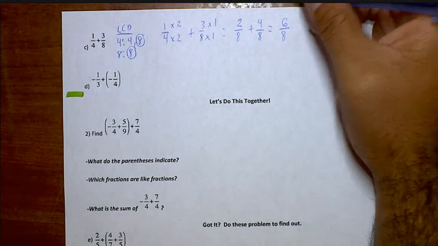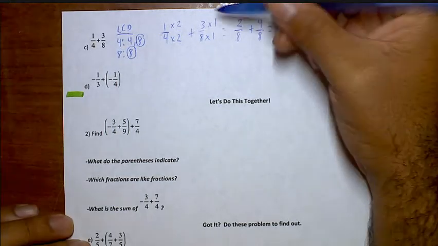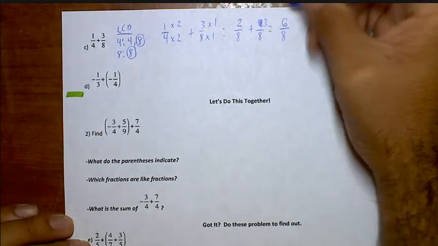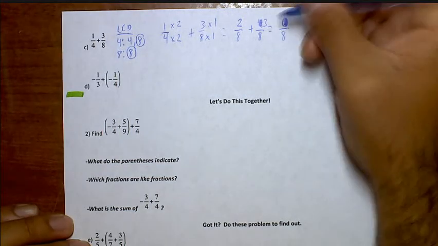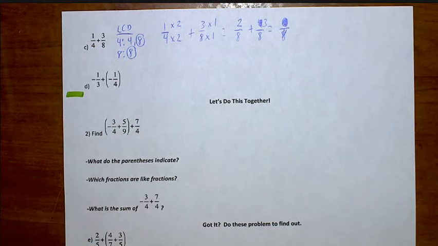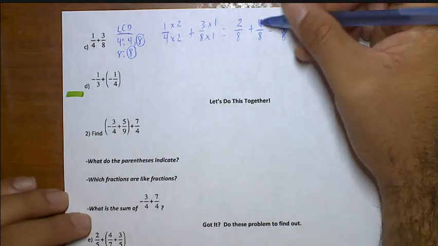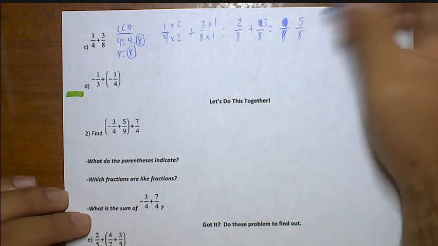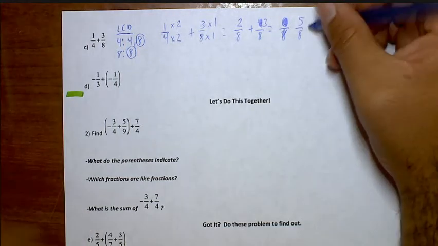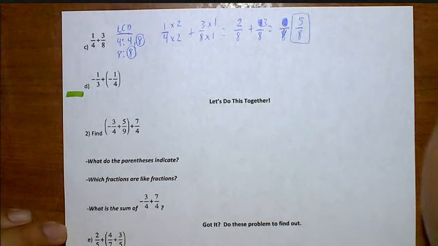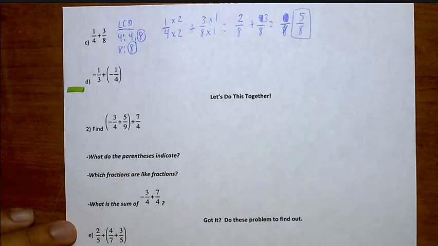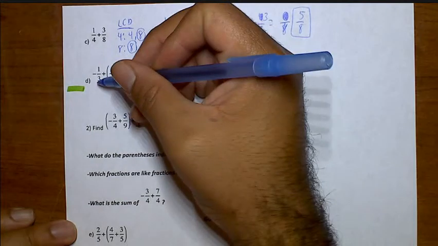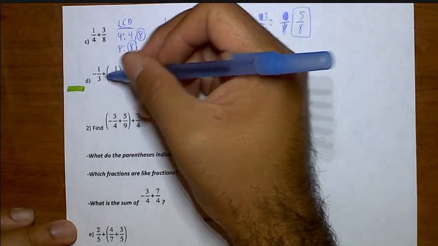All right. Let's do letter D, last one. Negative 1/3 plus negative 1/4. I notice I have different denominators, which means I have to find my LCD. Common multiples of 3 include 3, 6, 9, and 12. Common multiples of 4 include 4, 8, and 12. Jackpot. 12 and 12.